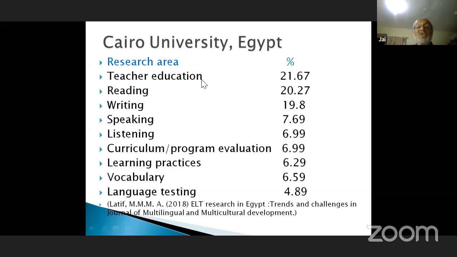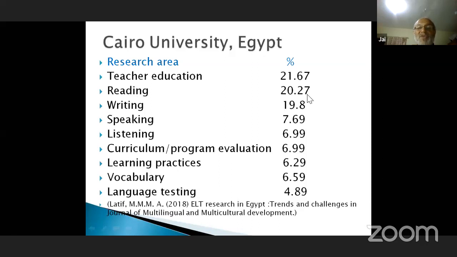It shows that teacher education contains the highest percentage of research, 21.67, reading 20, against ours, because we have left content areas out in doing research, even at the master's, MPhil or PhD level. Only 2 of my students are doing PhD in reading, but there is also methodology, not the development of reading or development of writing.